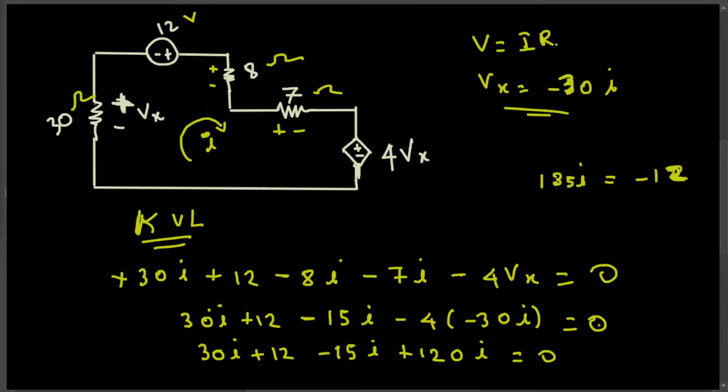Here we have minus 8i, minus 7i, minus 4Vx. Then we have plus 12. You know what? This actually made it complicated. Let me keep it as Vx, okay?